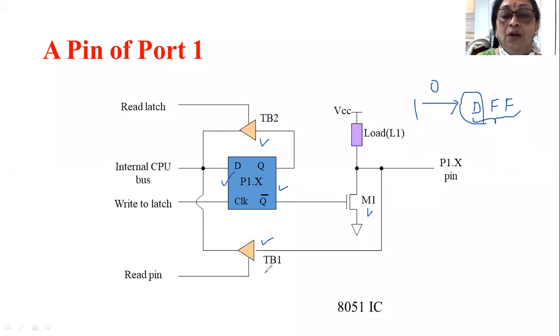Now, what is this TB1 and TB2? How does it look? Tell me, what is this that I have drawn?